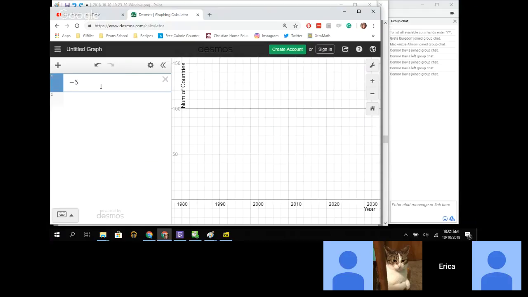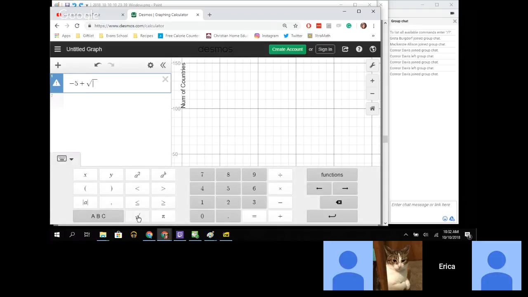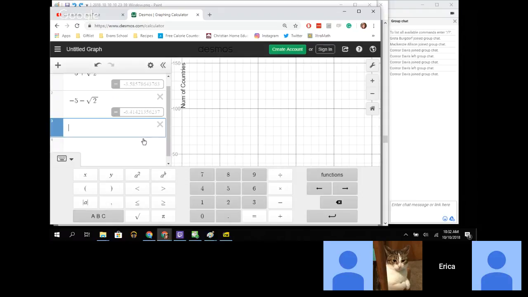Negative 5 plus the square root of 2 is about negative 3.58. And negative 5 minus the square root of 2 is this. And if you remember our original equation that we were trying to solve, it's x squared plus 10x plus 23.